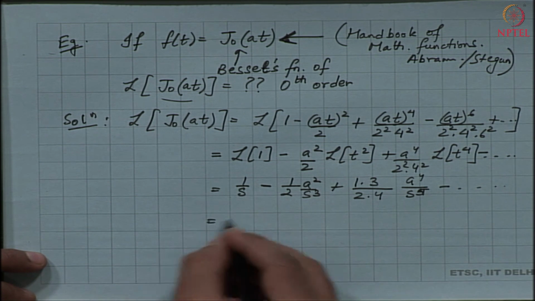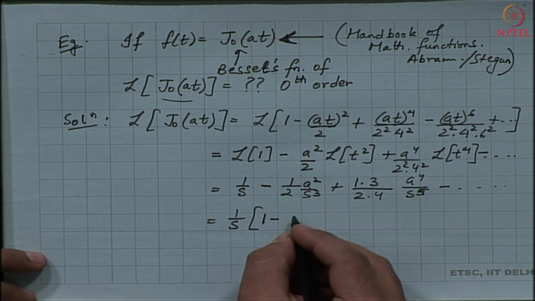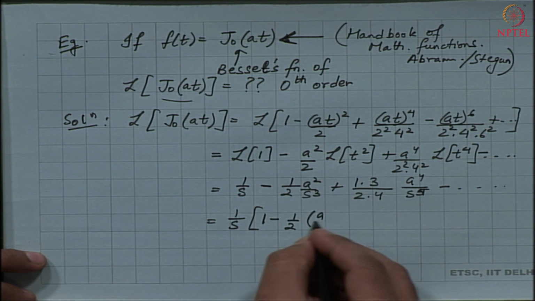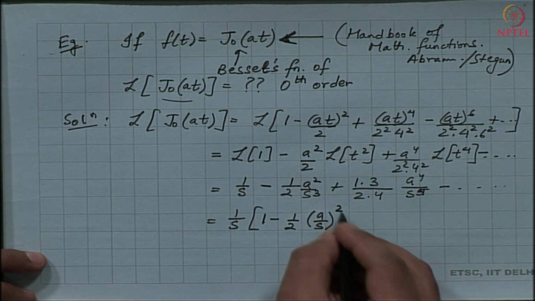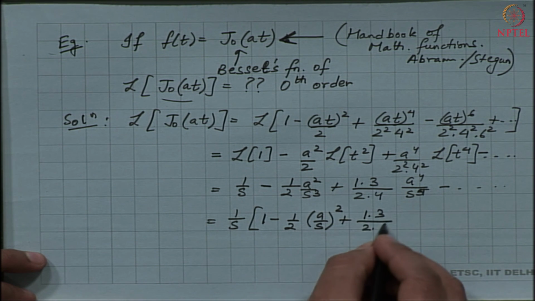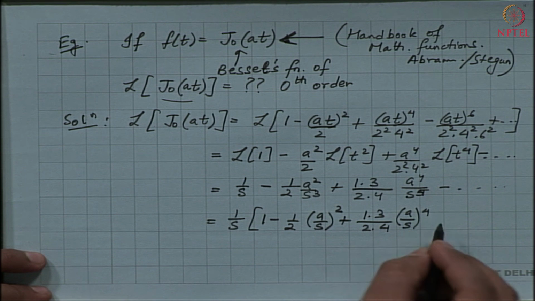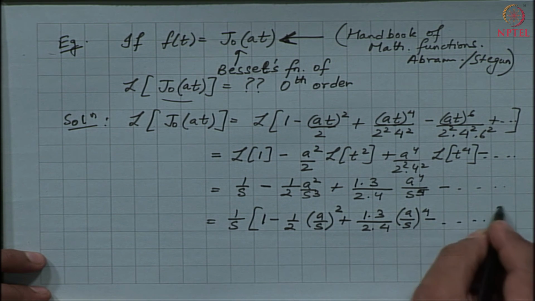And then when I take 1 by s common out, I get that this is equal to 1 minus 1 by 2 a square by s square plus 1 times 3 by 2 times 4 a to the power 4 by s to the power 4 minus and so on.